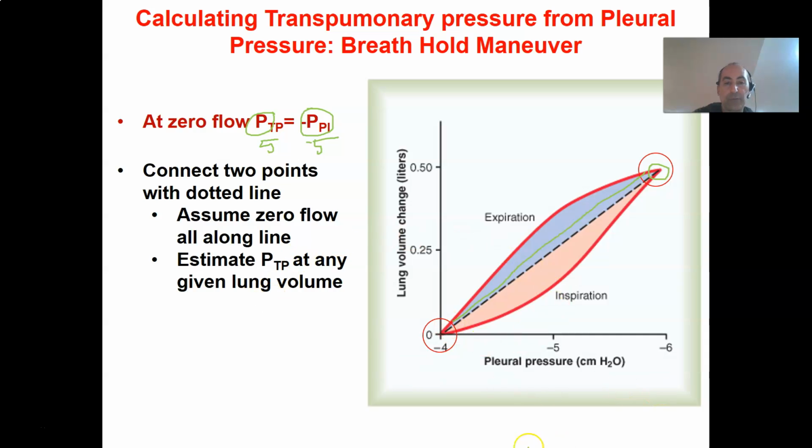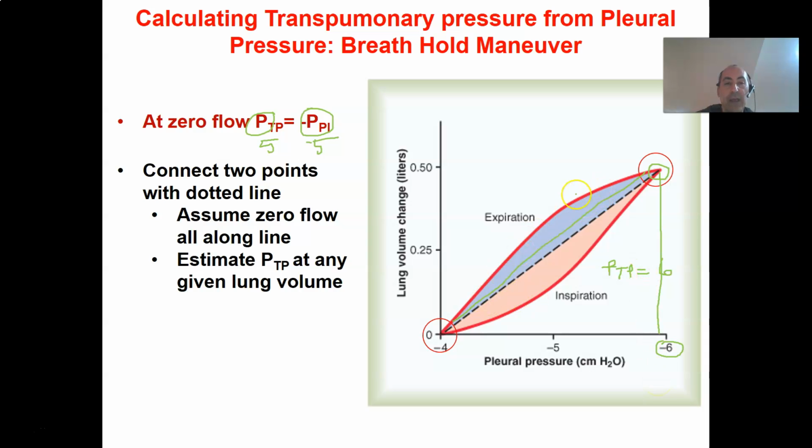So at zero flow here, pleural pressure, let's say, is about -6, while transpulmonary pressure at that point has to be equal and opposite. So if the pleural pressure is -6, we can assume that the transpulmonary pressure at this point must be equal to 6 centimeters of water.